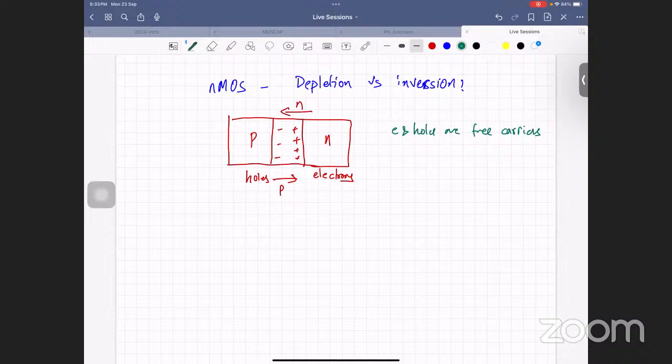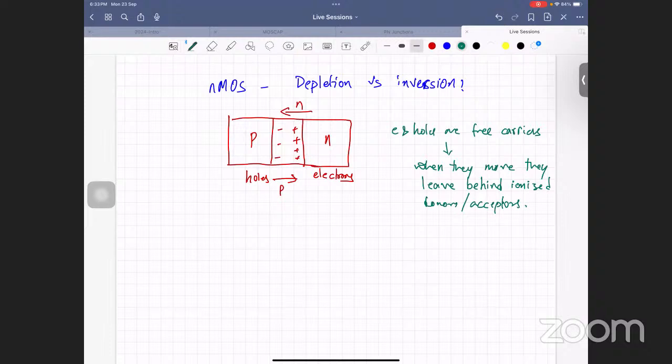But when they move into a different region, they leave behind ionized donors or acceptors, right? This is clear.